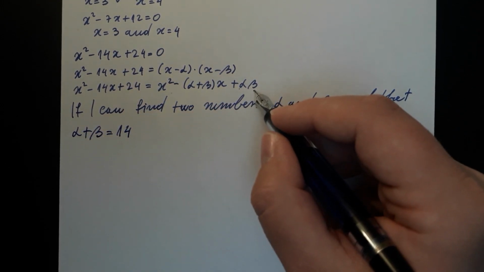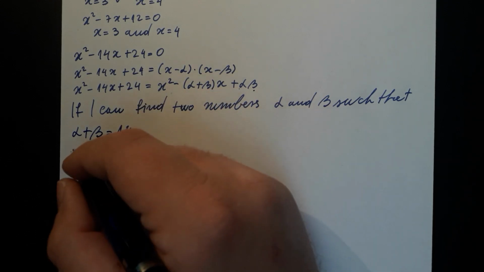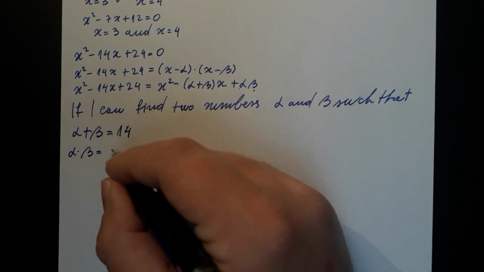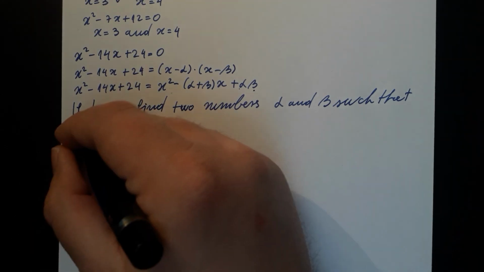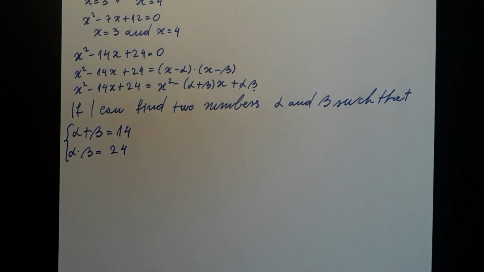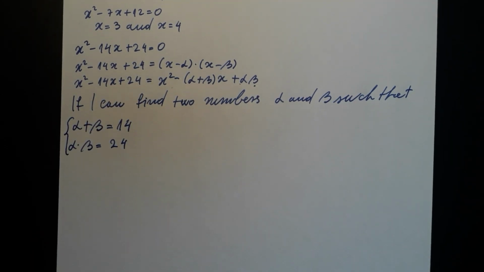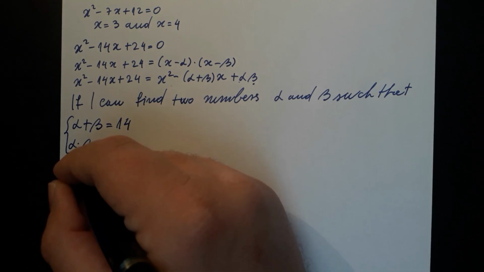Alpha multiplied by beta pairs with 24, so alpha multiplied by beta is 24. This is a system of two equations with two unknowns which we have to solve. Then these two numbers are going to be the solutions of this quadratic equation, and they are all the solutions.